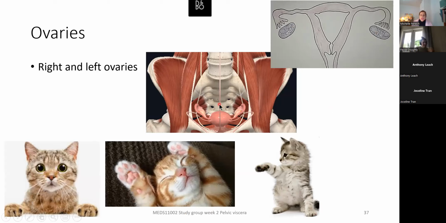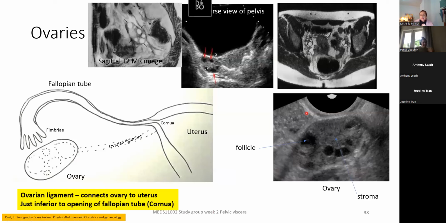Sometimes they sit posterior to the uterus, behind it. So those ovaries are very variable in their position because they have to be to allow the position to change when there's a baby developing in that uterus.